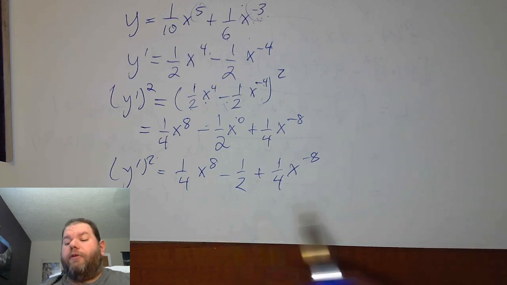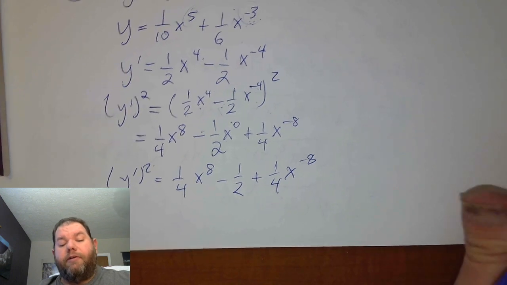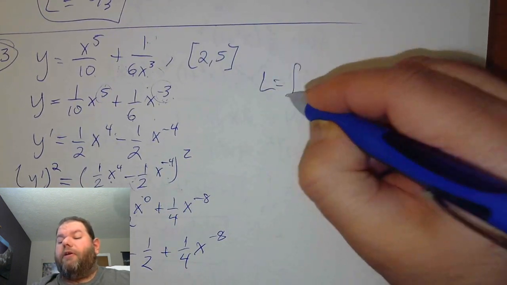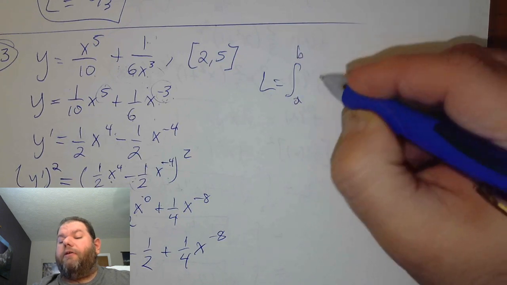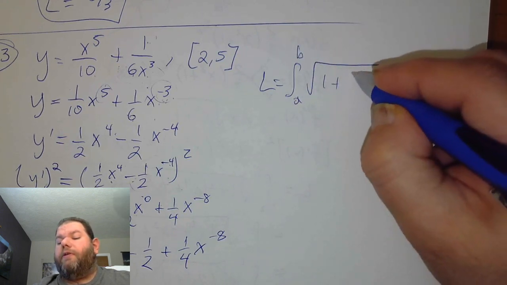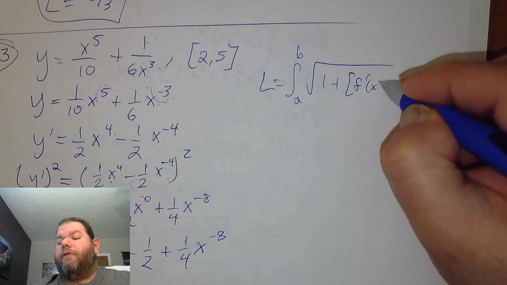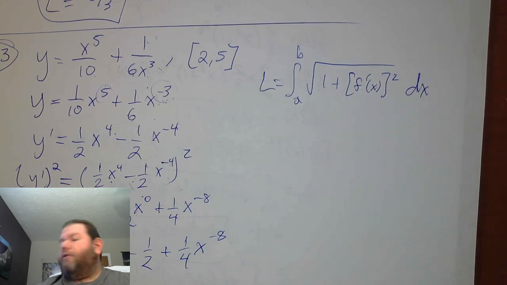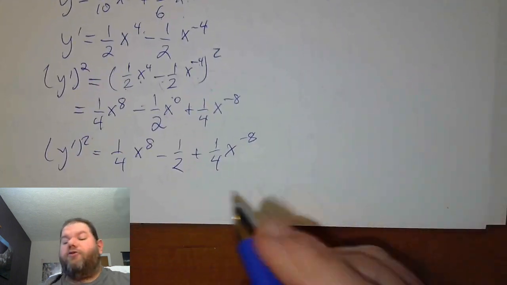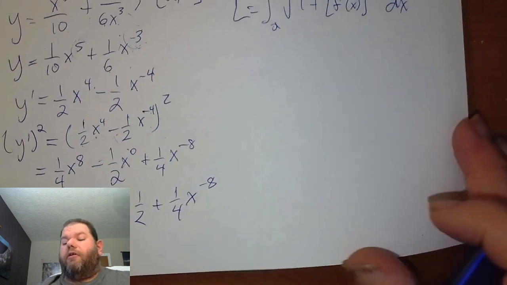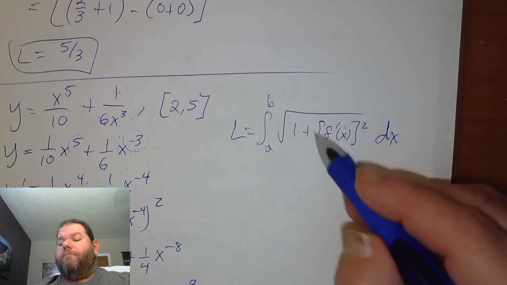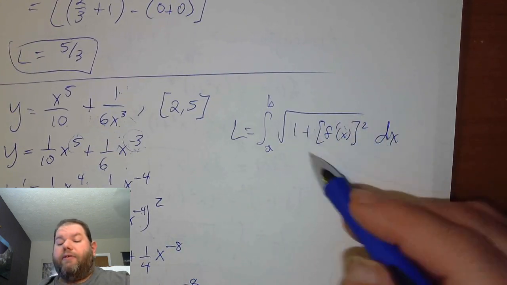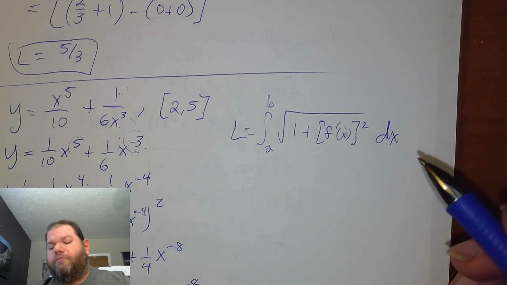So this will then be plugged into our formula, which I'll write over here. L equals the integral from a to b of the square root of 1 plus f prime of x squared dx. And so this expression we just found is going to be plugged in right here, because this is y prime squared that we found, and this is f prime squared, the same thing.